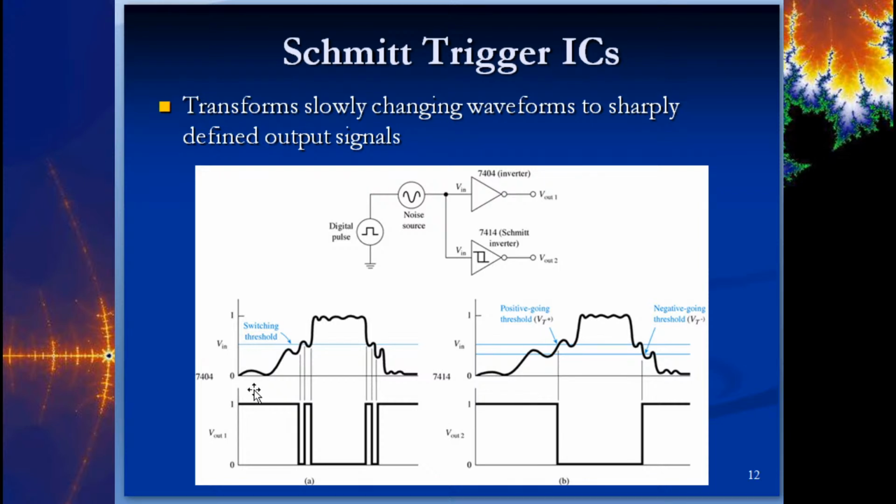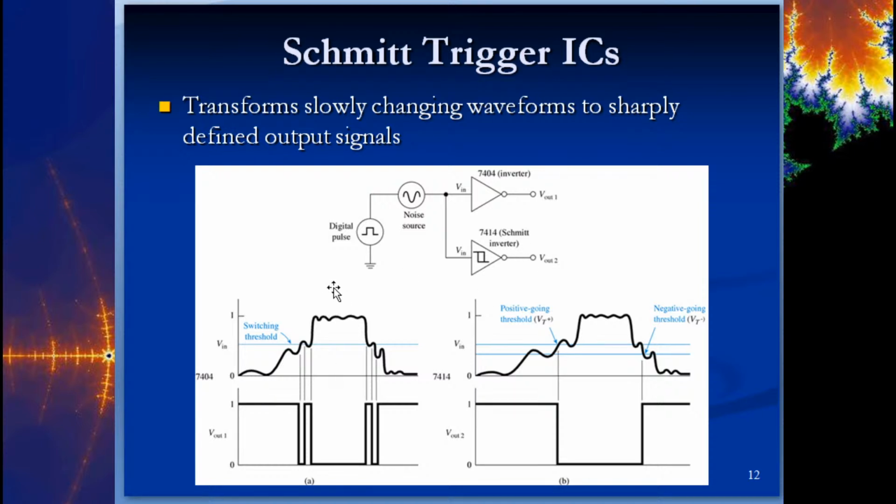The other nice thing about the Schmitt trigger is that because it has a hysteresis, where you have a positive going voltage and a negative going voltage, it reduces the effect that noise has on the signal.